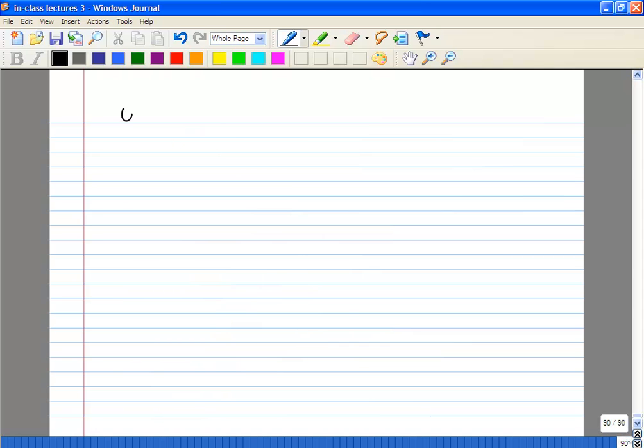Okay, since we have 10 minutes remaining, let's look at quadrature generation. So what are the different ways of generating quadrature?